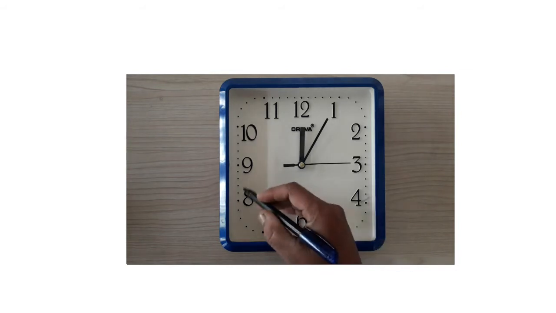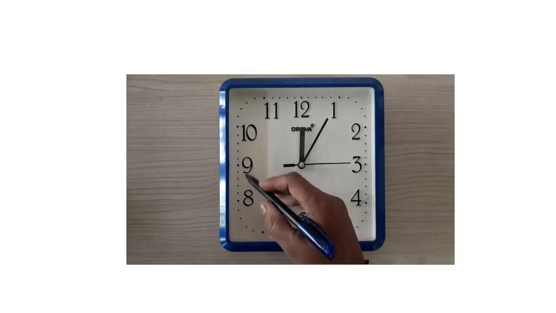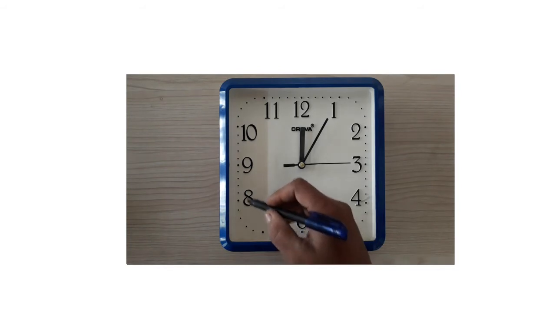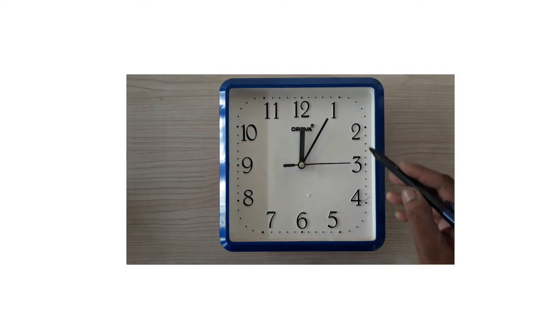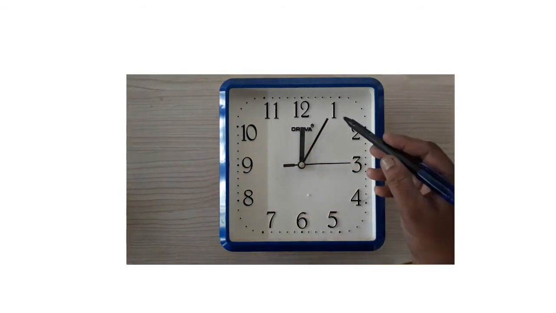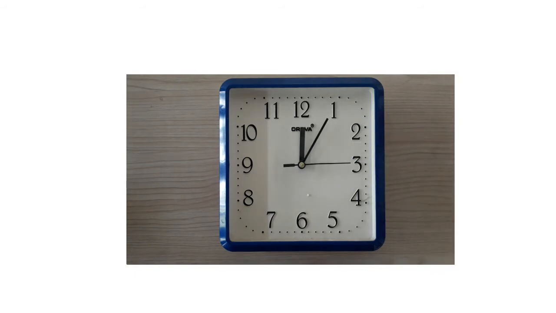These 4 dots divide the gap between two numbers into 5 equal parts. Okay, this means altogether the clock face is divided into 60 equal parts, right?